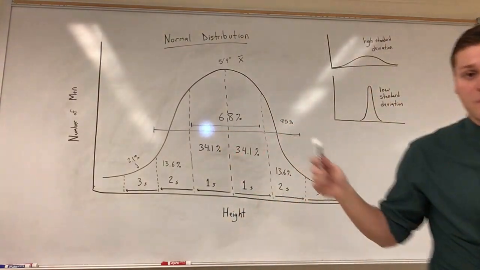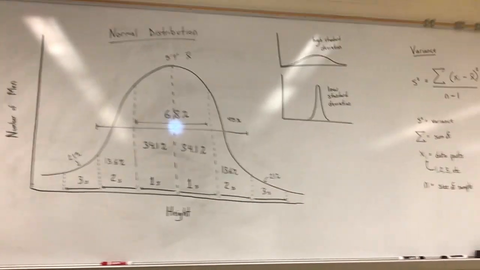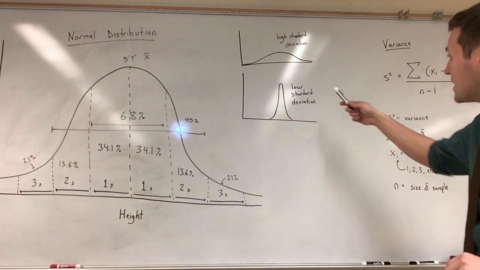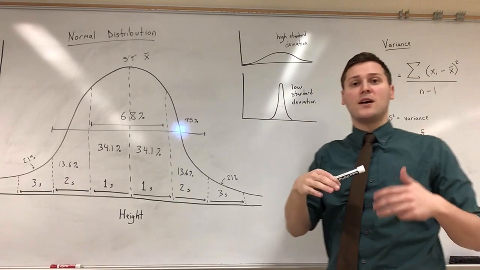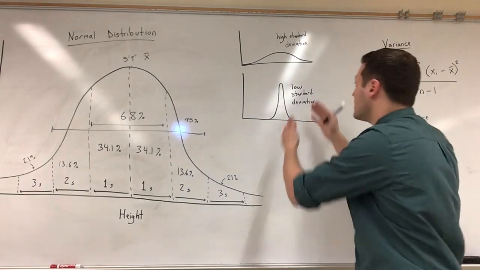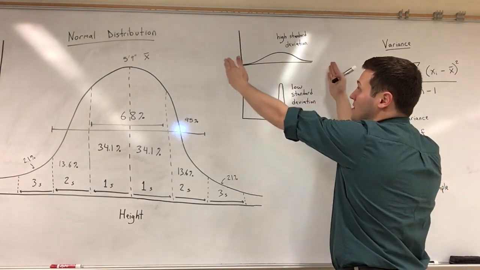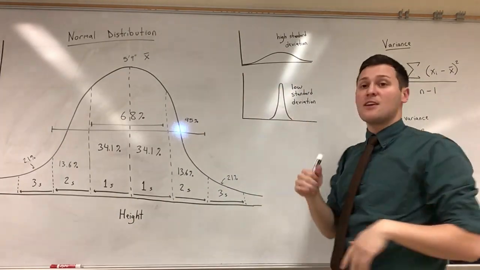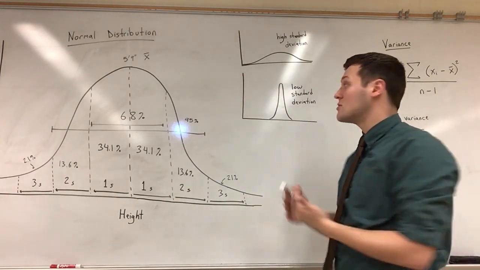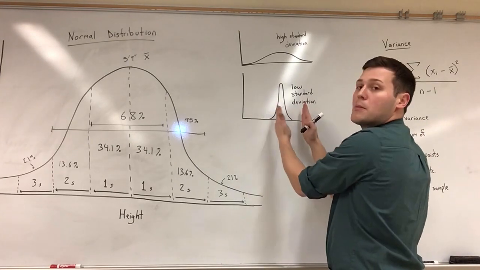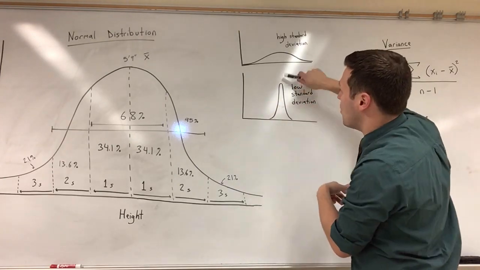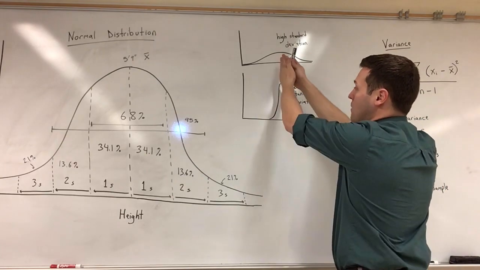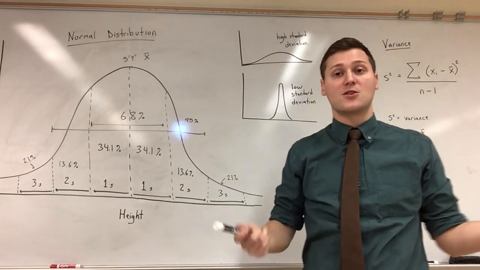And also, by the way, if we look at these two pictures here, if data has a high standard deviation, the bell curve might look more spread out. Whereas if the data has a low standard deviation, that bell curve would probably look like this, where you have more data points nearby that average rather than further away from that average.